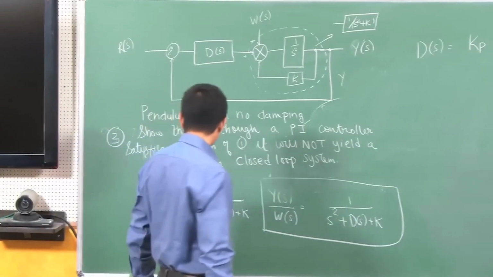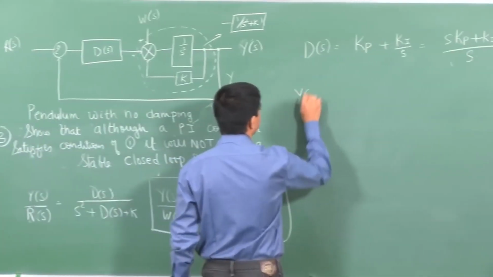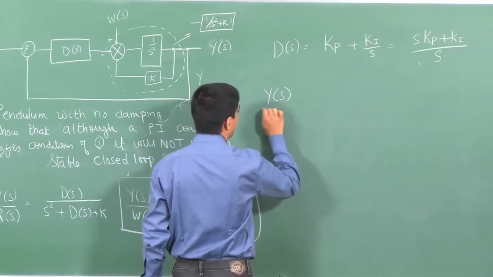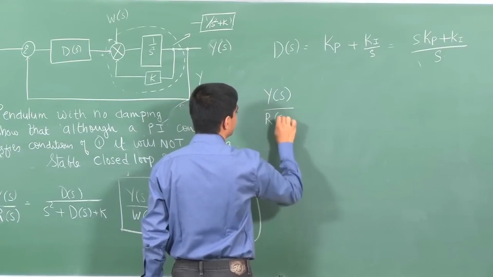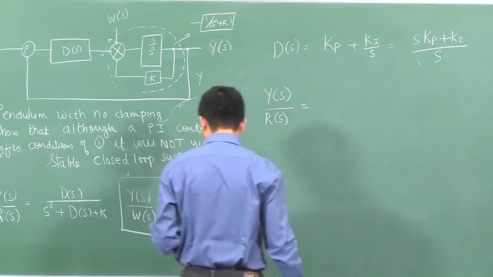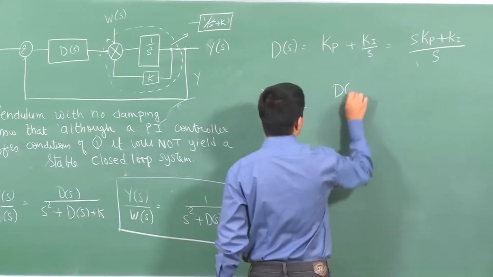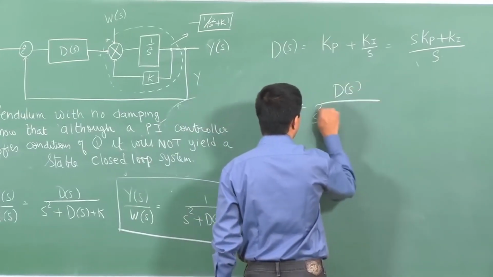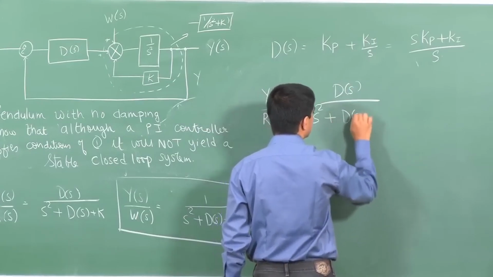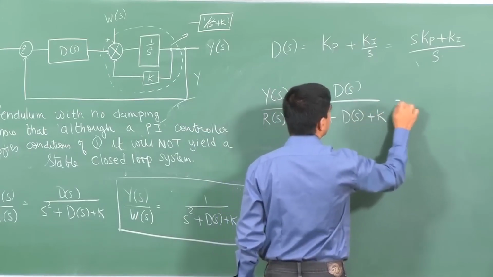Okay, now with this D, let us find out what is y of s, or the transfer function of the system. Well, this becomes ds over s square plus d of s plus k. What is my d of s?